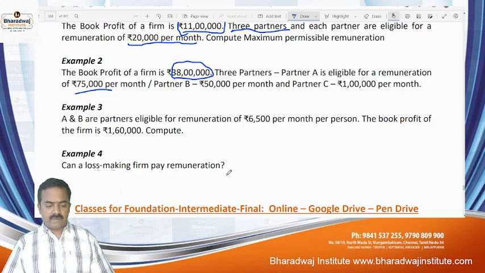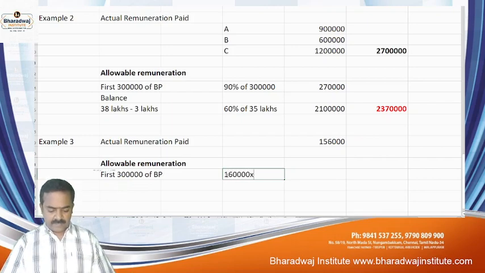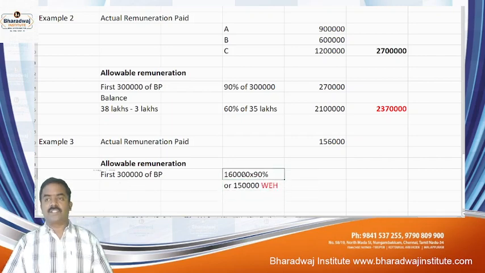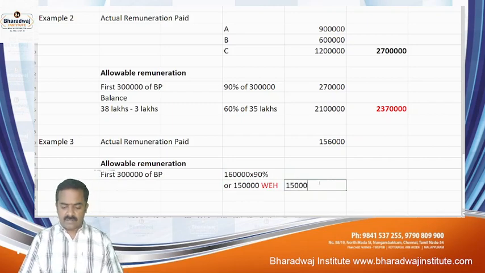What is the book profit given? 1,60,000 into 90%, or 1,50,000, whichever is high. 1,60,000 into 90%, put that, you will get 1,44,000 only, or 1,50,000, whichever is high. So this can be allowed.